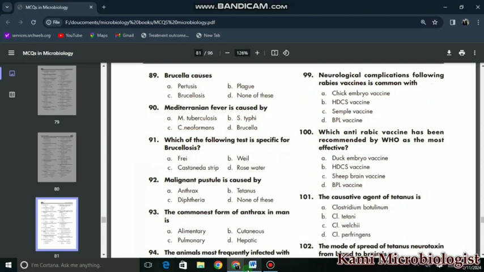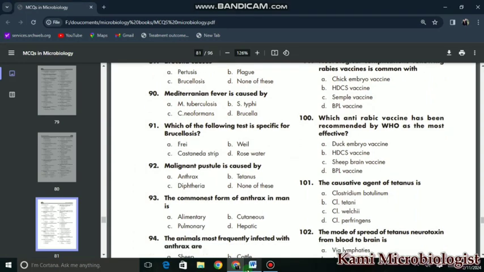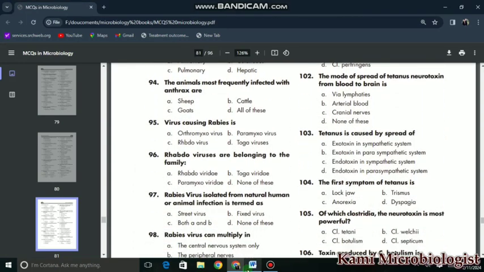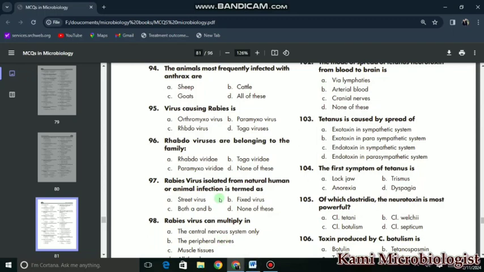So C is the correct option. Malignant pustule is mostly caused by anthrax. A is the correct option. 93, the commonest form of anthrax in man is cutaneous. B is the correct option. Then we have 94 MCQ which says the animals most frequently infected with anthrax are... D is the correct option.